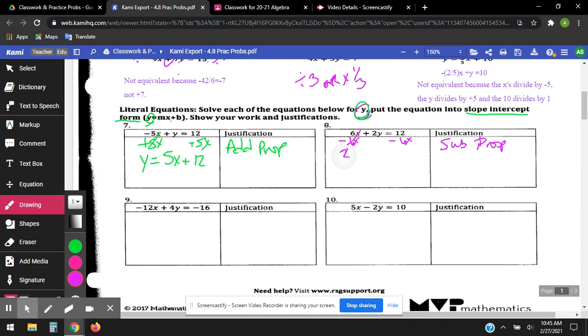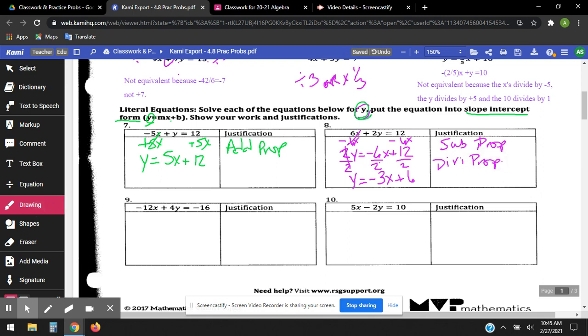Leaves me with 2y equals negative 6x plus 12, because I want my x first, so it's in slope-intercept form. Now I need to divide by 2. And when you divide by 2, you have to divide everything by 2. So y equals negative 3x plus 6. That was a division property.